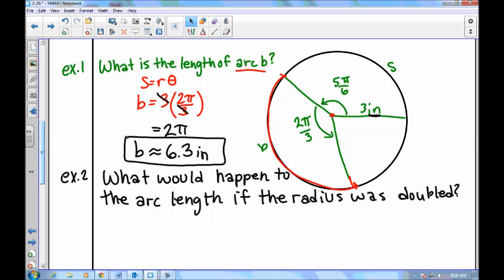Everyone's calculating. What's going to happen to the arc length if the radius is doubled? Okay. Calculate it out and write down your observation.